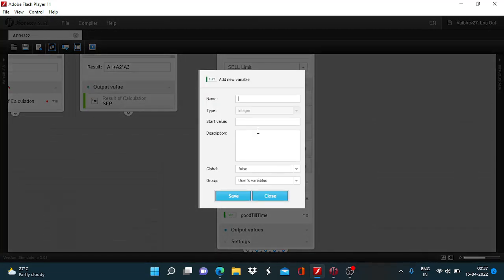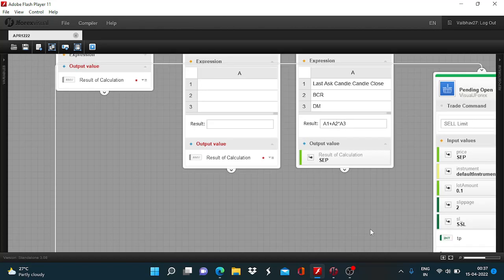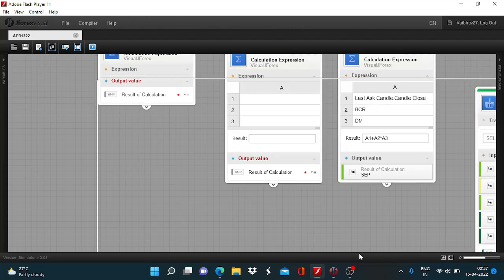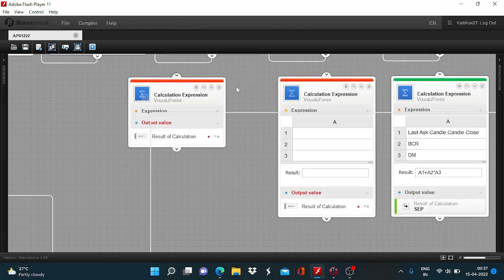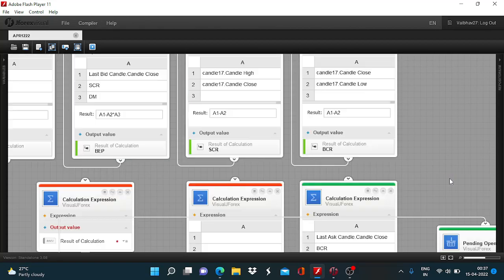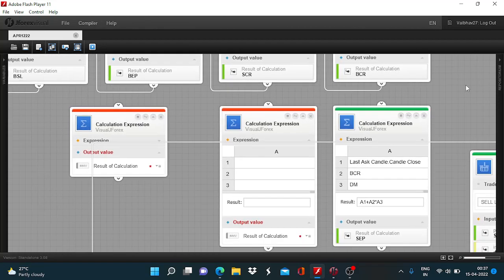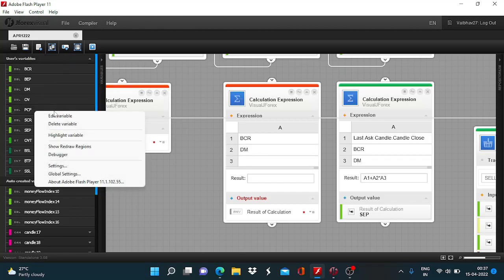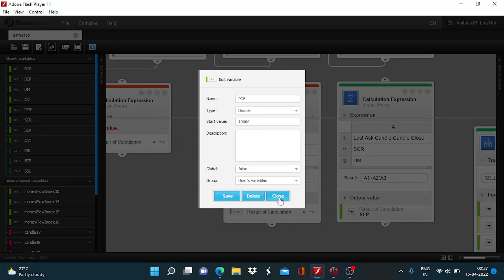So I will create this new variable named SSL, and now we have to define the SSL's value. For that we are going to rely on the calculation. For that we take into account the actual difference between the last 15-minute candle close and low. We then multiply it with 2 and the pip conversion factor, which has the start value of 10,000.